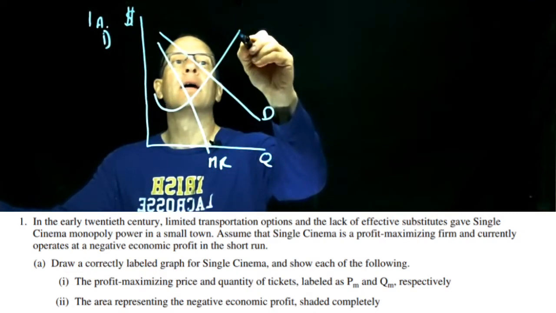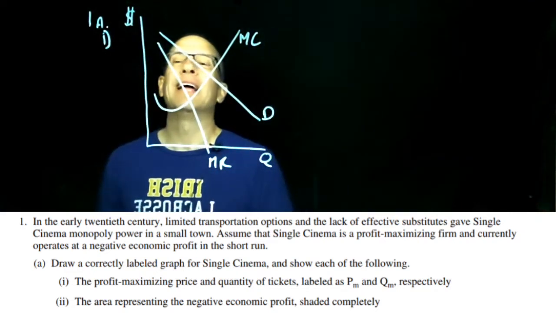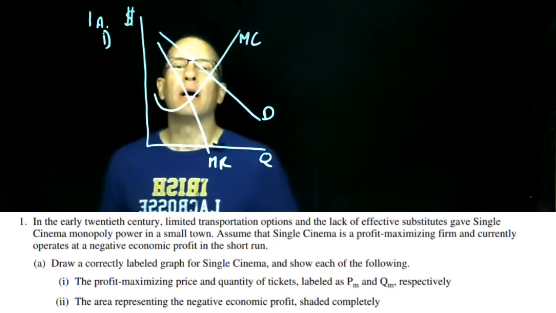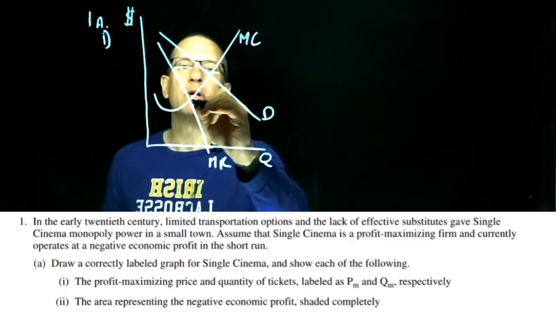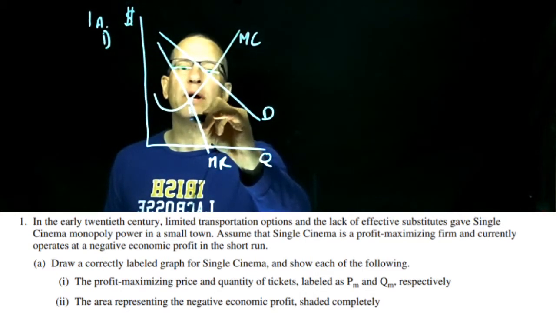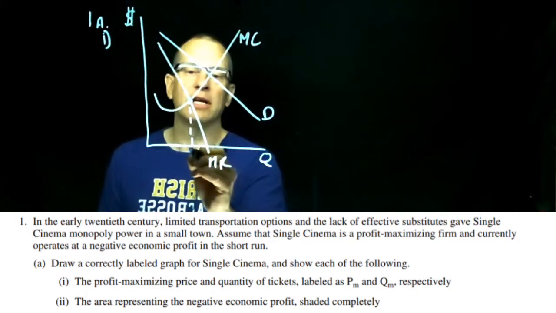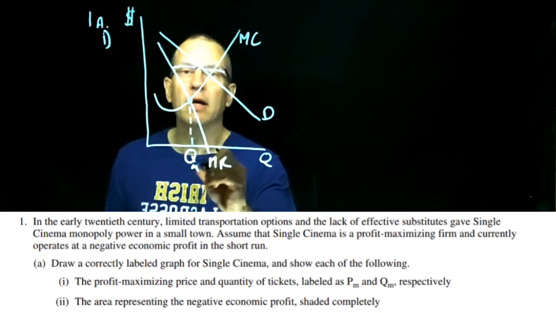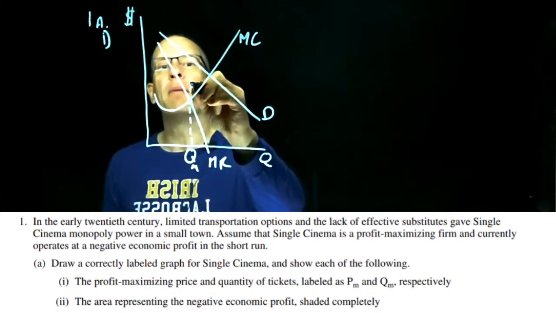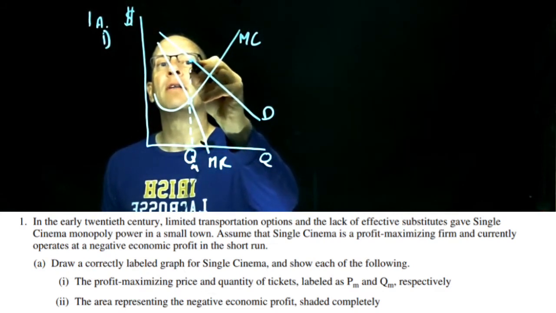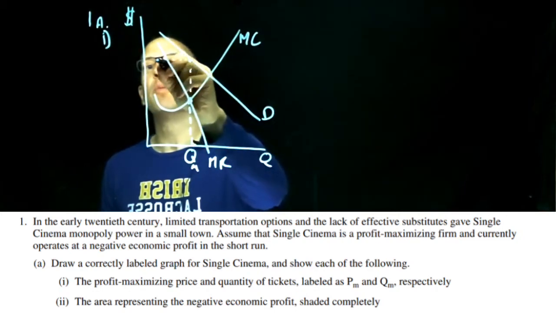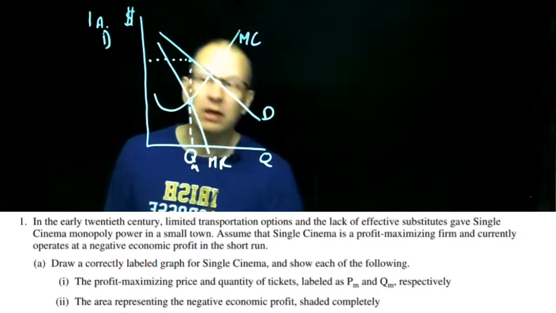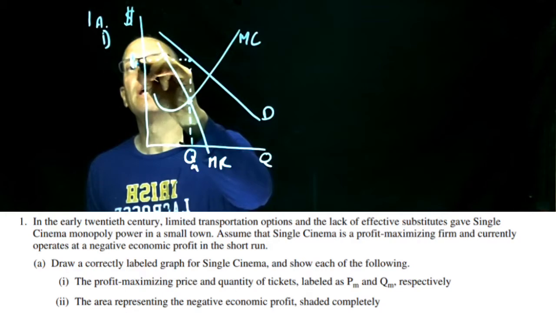Because marginal cost crossing marginal revenue is where we're actually going to be producing, they want us to label it QM, and we go all the way up to the top, hitting the demand curve. That helps us set our price, which they want us labeling PM.